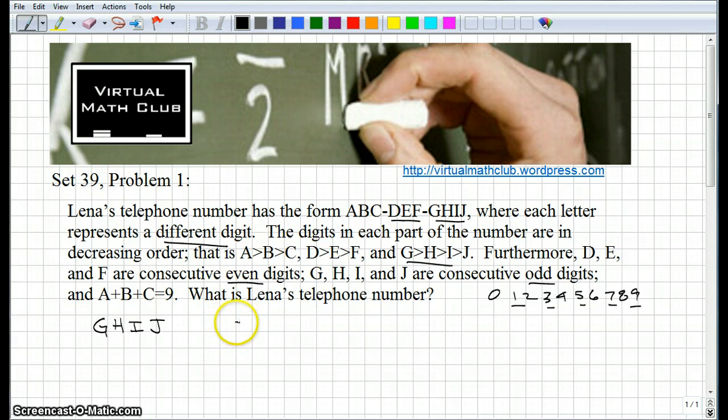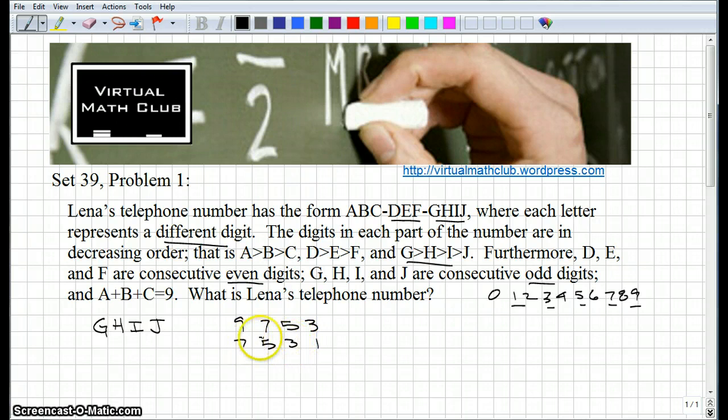The biggest one would be 9, so the possibilities could be 9, 7, 5, 3, or it could be 7, 5, 3, 1. So there's really only 2 possibilities for the last 4 digits, because they have to be in decreasing order and they have to all be odd.